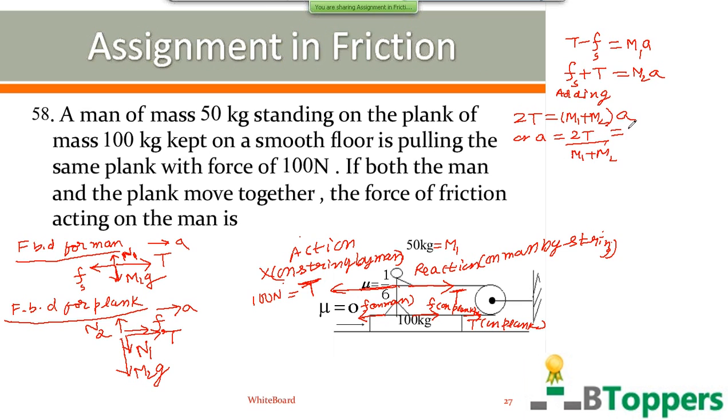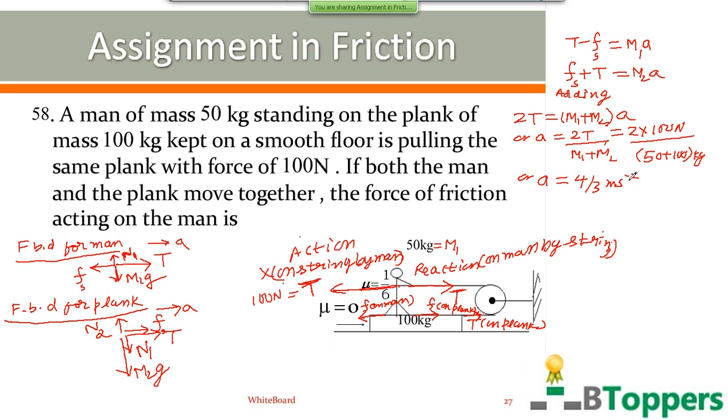So here T is 100 newtons, M1 equal to 50 kg, M2 equal to 100 kg. So M1 plus M2 is 50 plus 100 kg. So you get the magnitude of acceleration from this as 4 by 3 meter per second square.